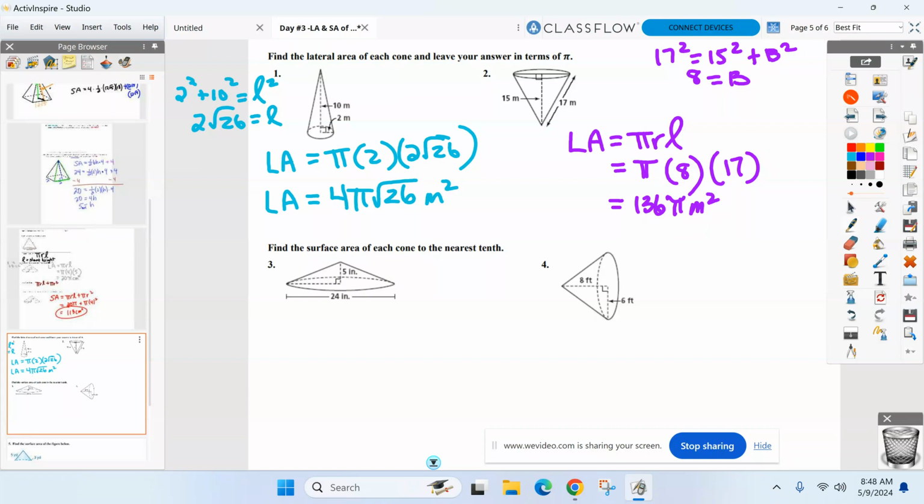Any questions? All right, let's do surface area now. Now add on the circular base, pi r squared, to everything. You got it. Digging deep.